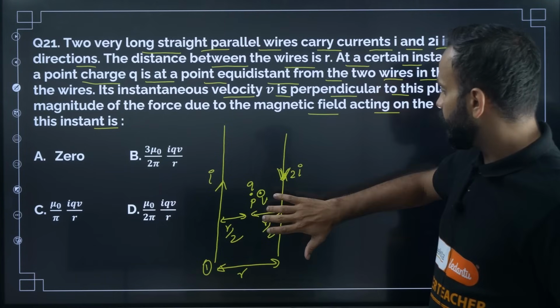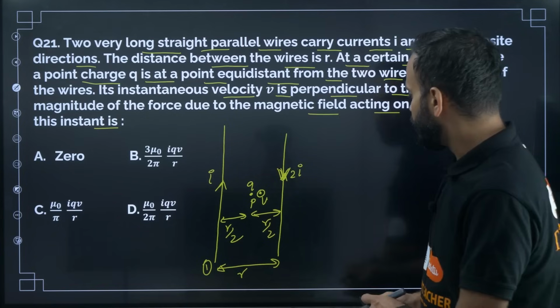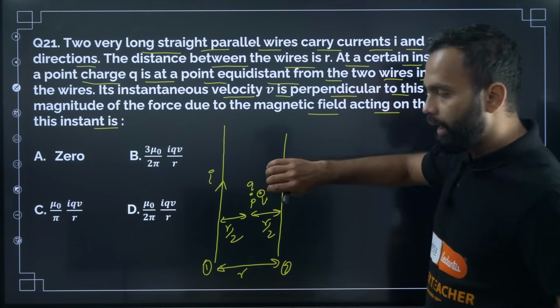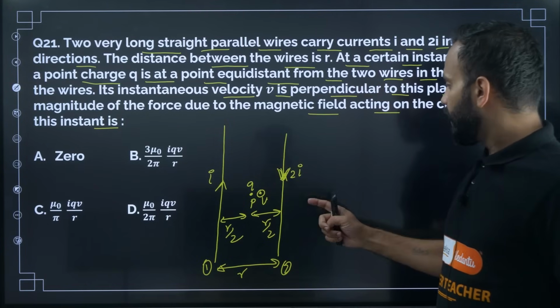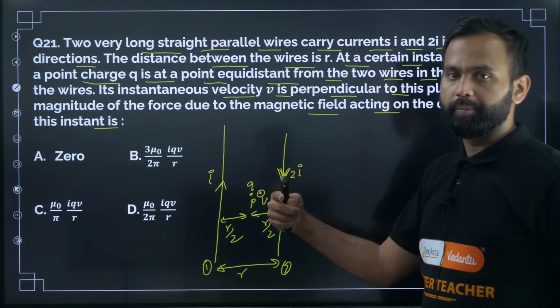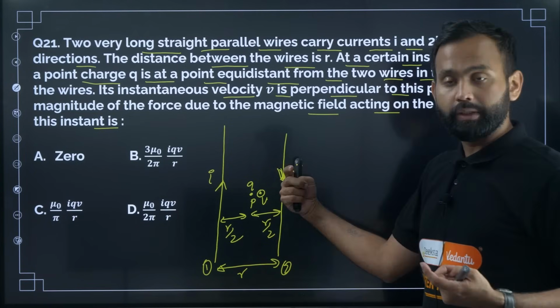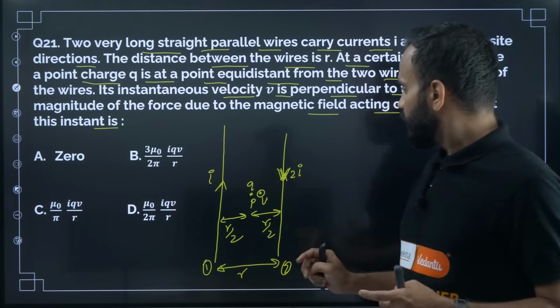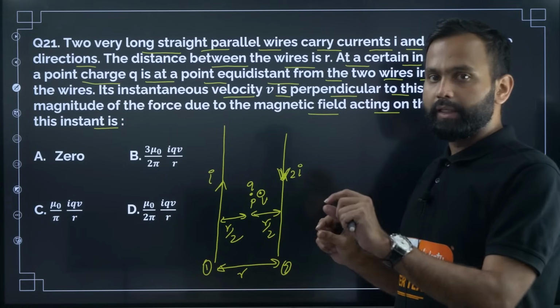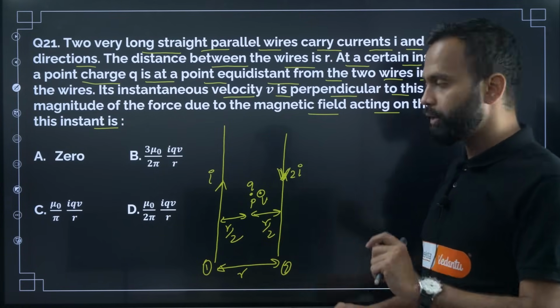Again, the direction of the magnetic field at point P due to the second wire is also into the plane, right? But the velocity is outward from the plane, right? So the velocity and magnetic field are in opposite directions.